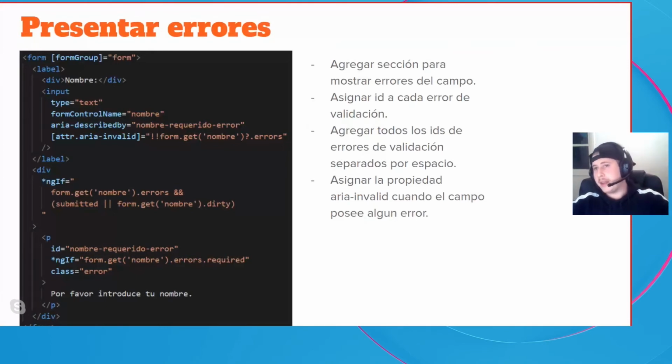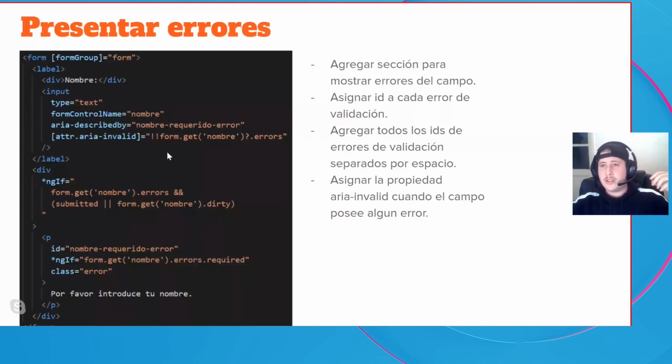So we could have 10 errors and then separate each one of the items with a space, and then you concatenate them. Also, I recommend that you have a single error at a time because of accessibility, ensuring that there's a single error. And another detail is aria-invalid.